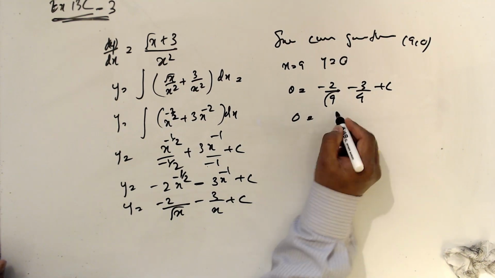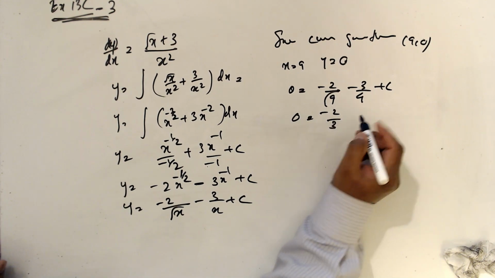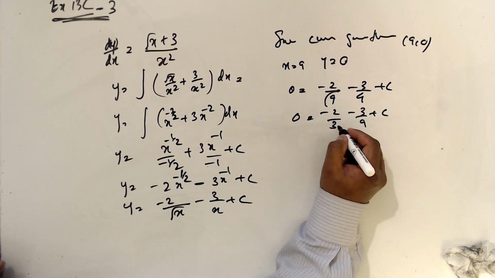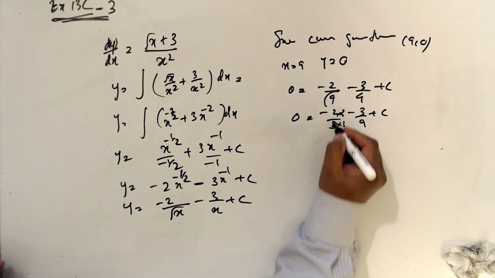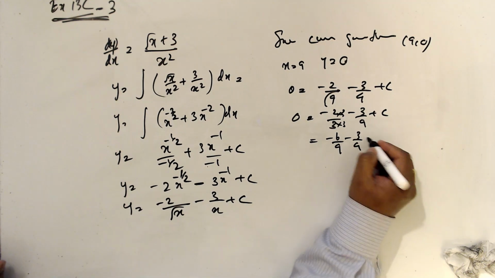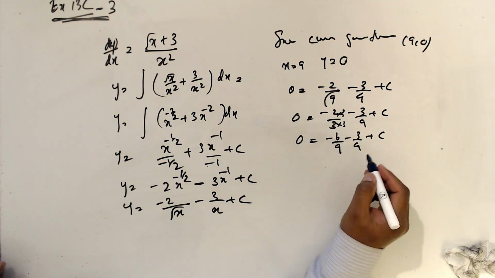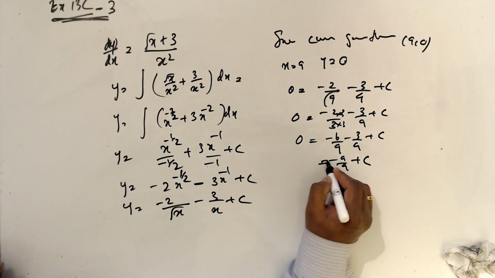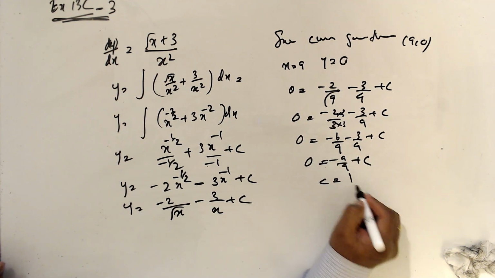So 0, this is going to be 3 over 9 plus c. Then multiply by 3: minus 6 over 9 minus 3 over 9 plus c. So this is going to be minus 9 over 9 plus c, so c equals 1.